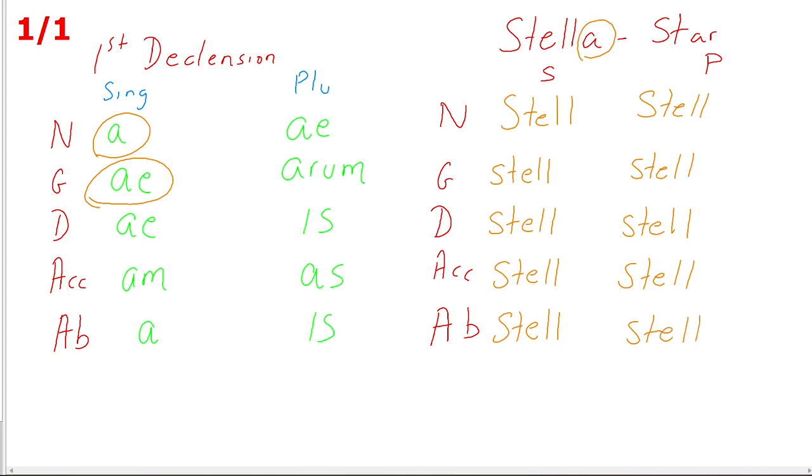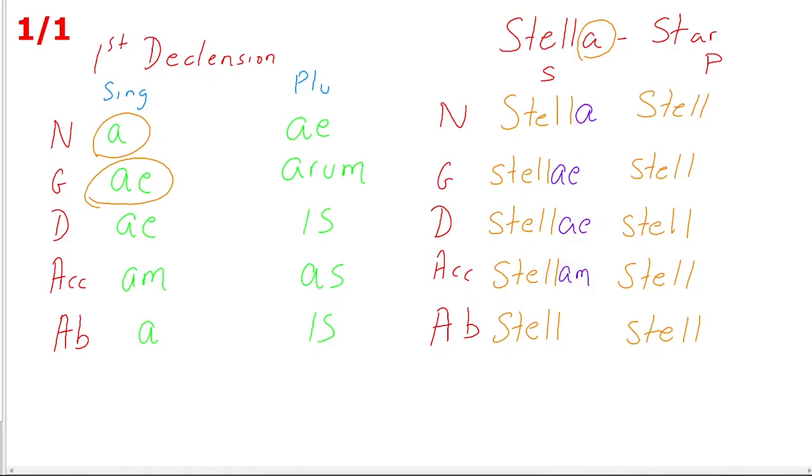Now what would be the nominative singular? Stella. Genitive singular? Stellae. Dative? Stellae. Then accusative? Stellam.